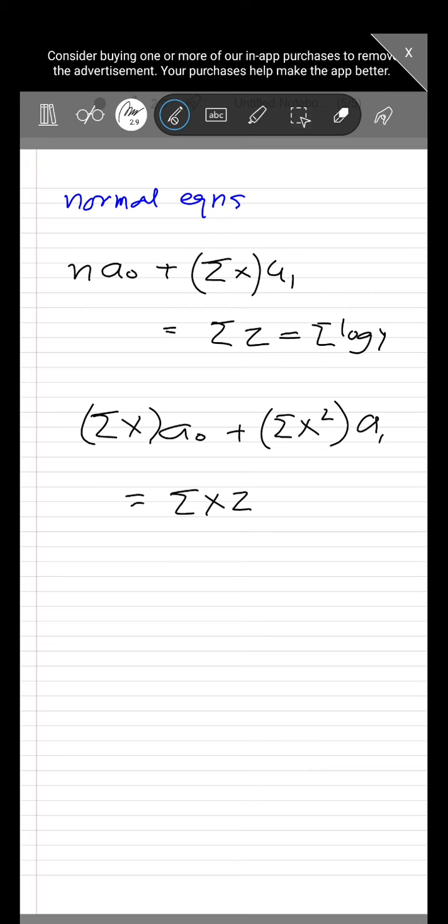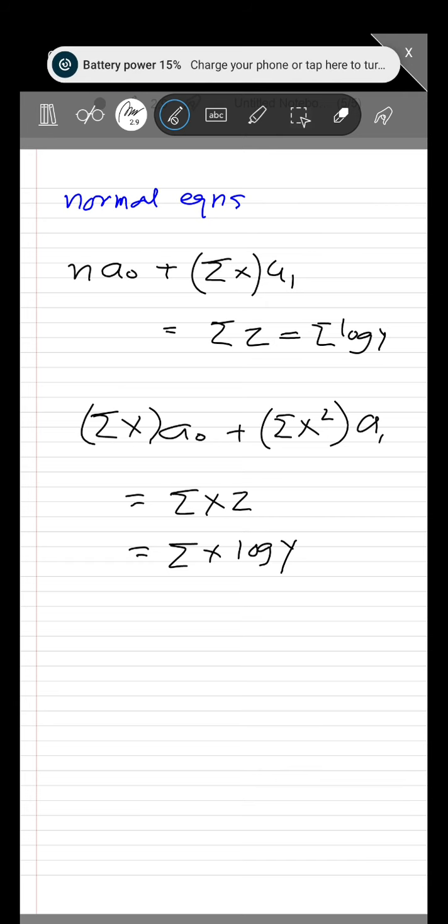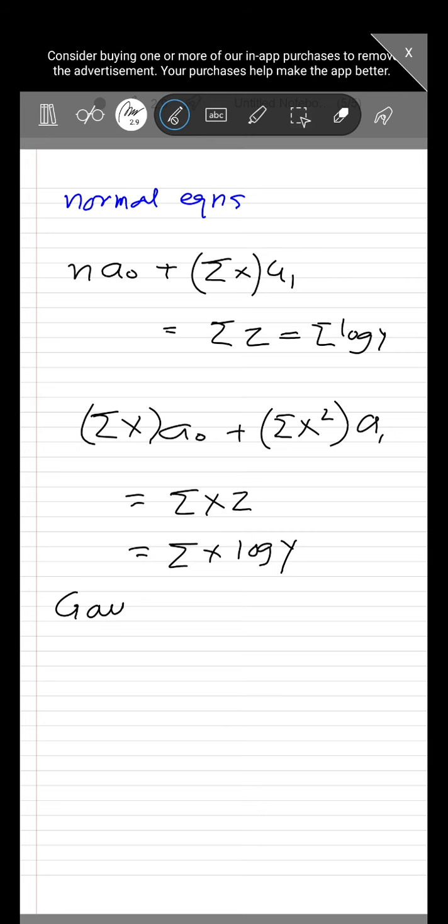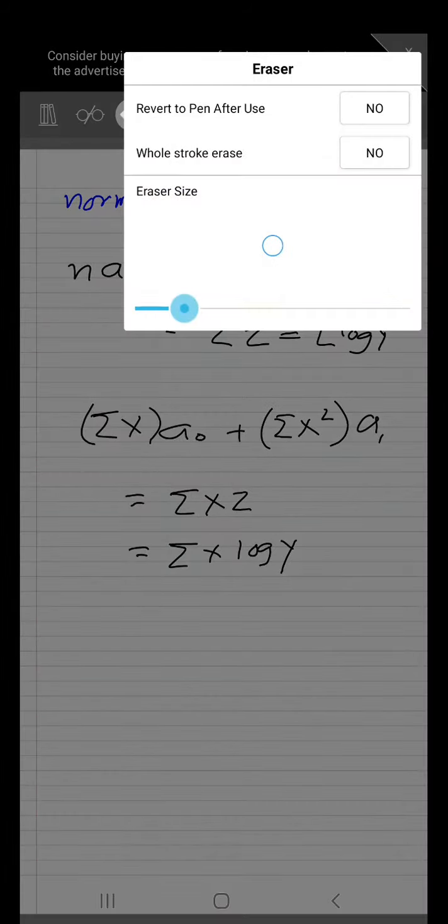This is actually z is equal to log of y, so summation xz is equal to summation of x into log y. So the solution can be obtained from the Gauss elimination method, or you may not use Gauss elimination, you can use the normal arithmetic method, and you get the following solutions.